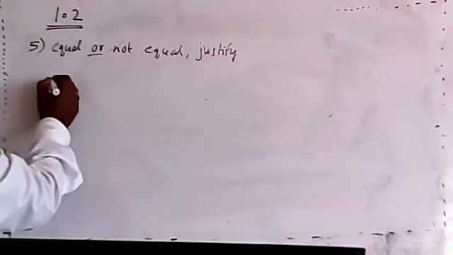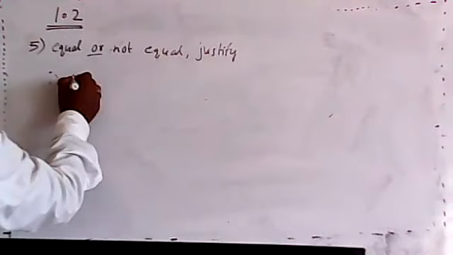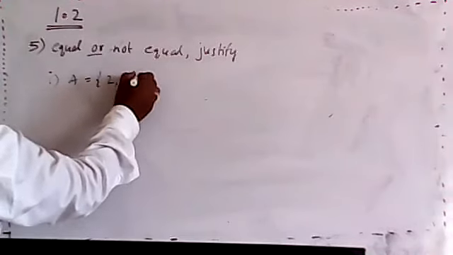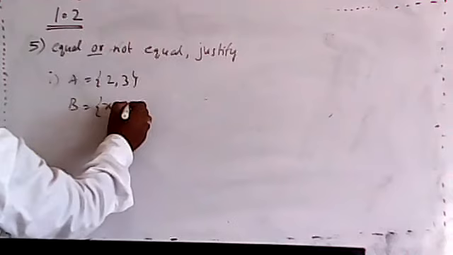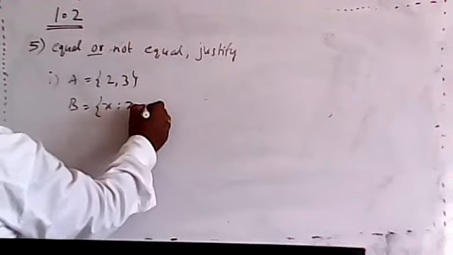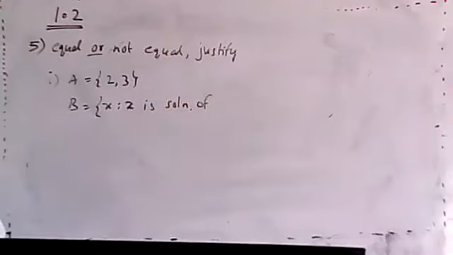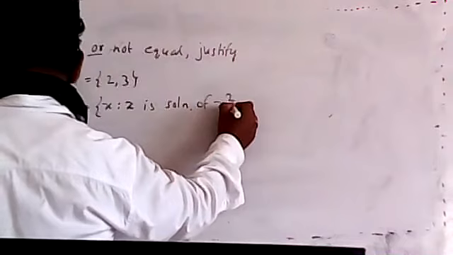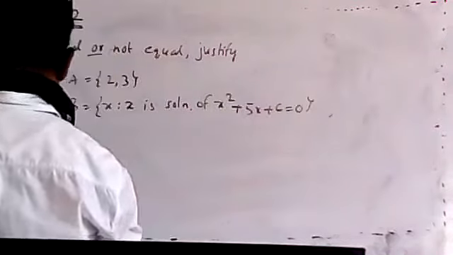Then here the first pair they have given. Set A having only two elements, 2, 3, and set B is the set of all x such that x is a solution of the equation x square plus 5x plus 6 is equal to 0, right?